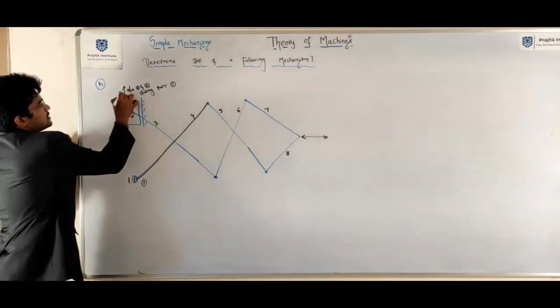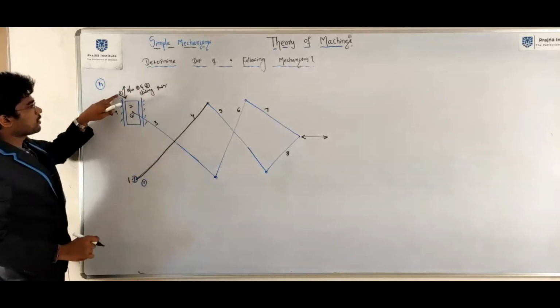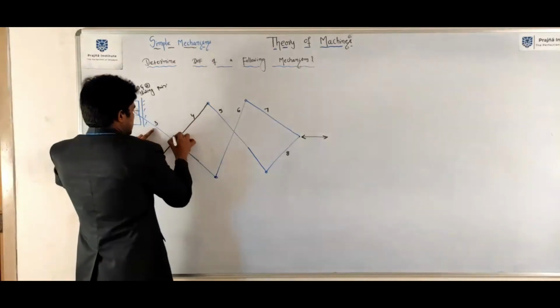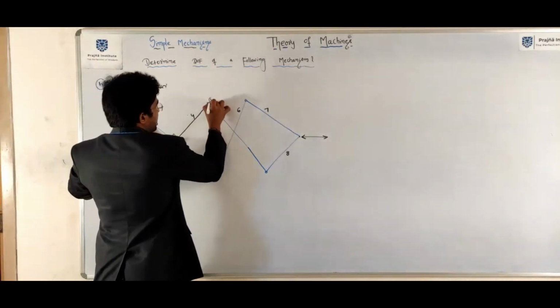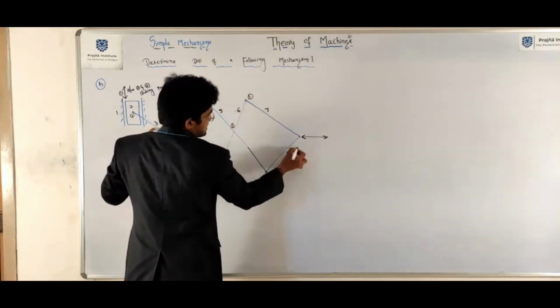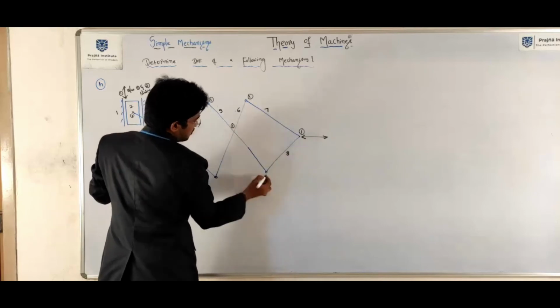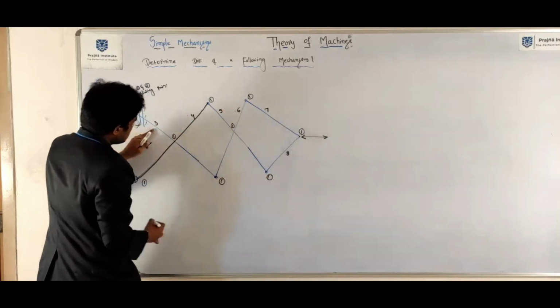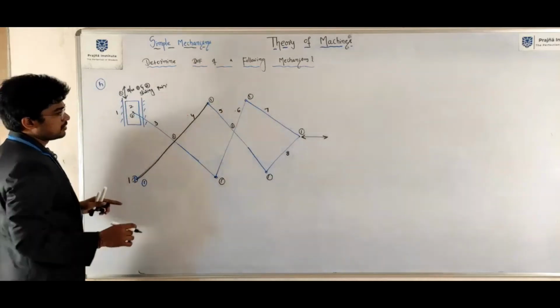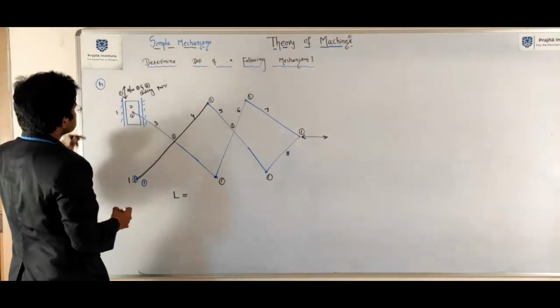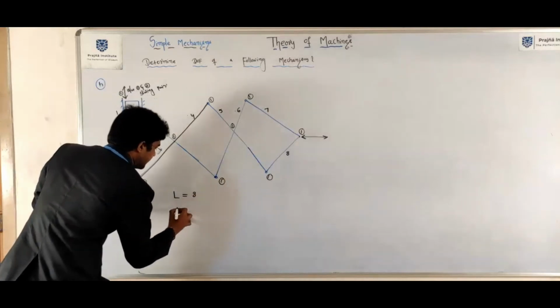Okay? It is 1 sliding pair, lower pair. Between 2 and 3, lower pair, 3 and 4, 4 and 5, 5 and 6, 6 and 7, 7 and 8, 8 and 5, 6 and 3, again 4 and 1.